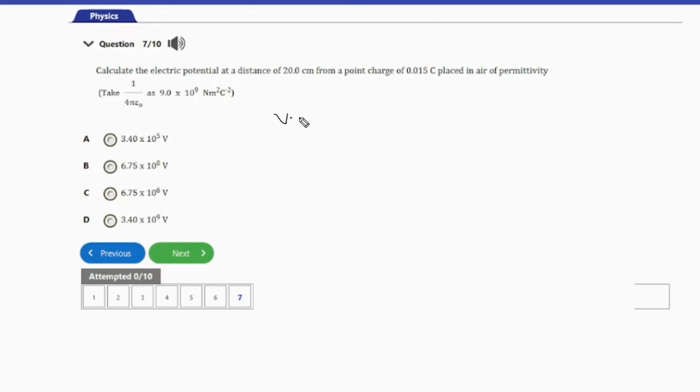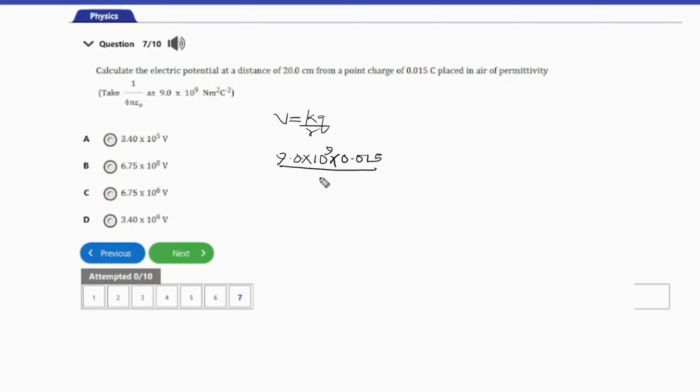So V, which is the electric potential, is kq over r, where k is actually this Coulomb constant, which is 1 over 4 pi epsilon naught. With this, we're going to have 9.0 times 10 to the power of 9, then times the charge Q, which is 0.015 coulombs.